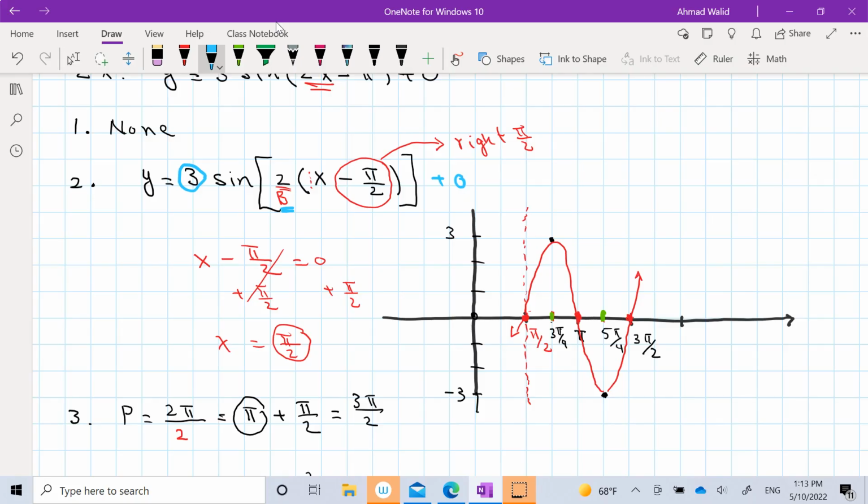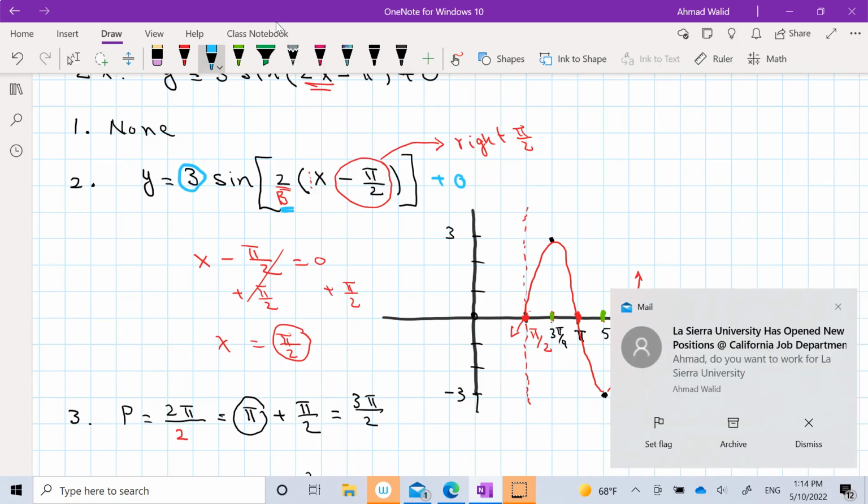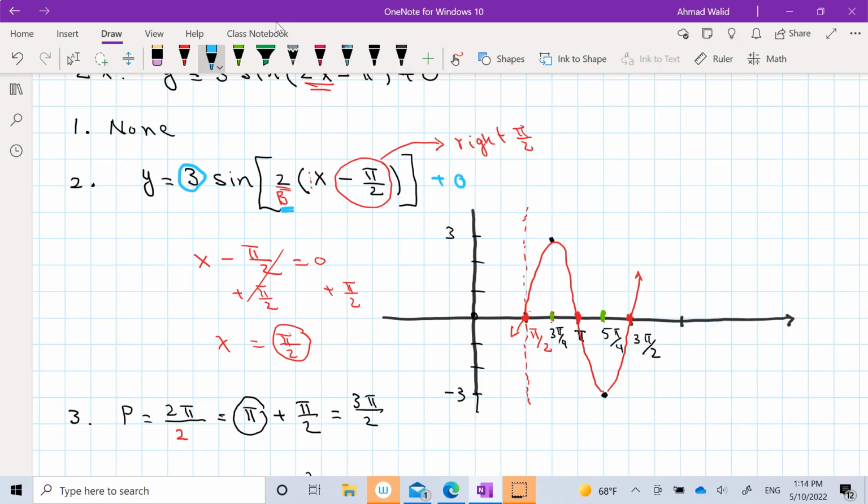Please, when you learn everything, not just graphing, you should know the meaning. Amplitude is a vertical stretch or compress. The coefficient of x, which is b, is your horizontal stretch or compress. Here, the number inside the parentheses is your phase shift.